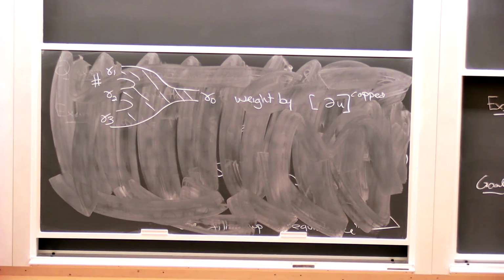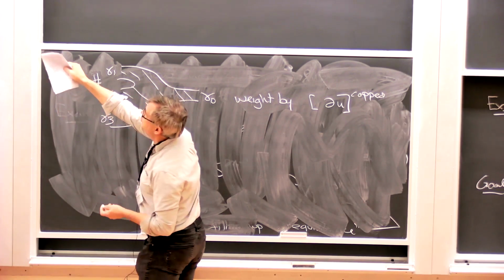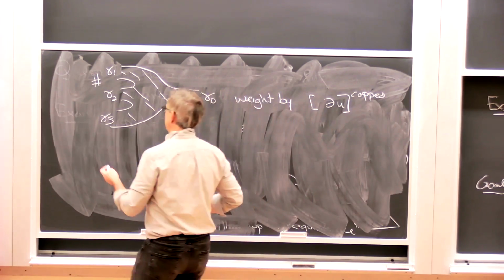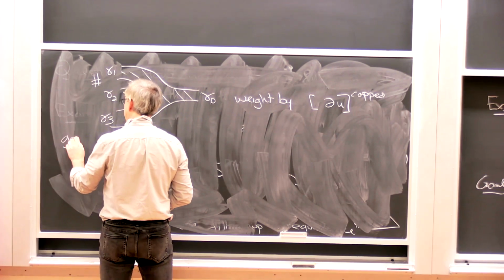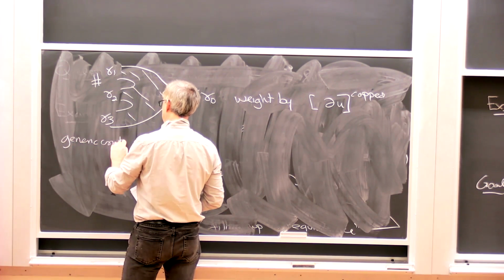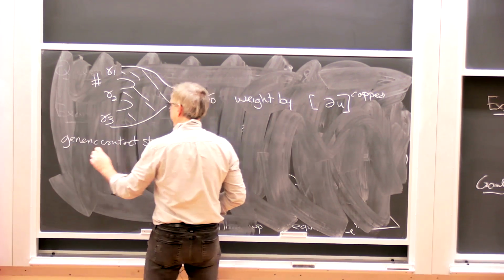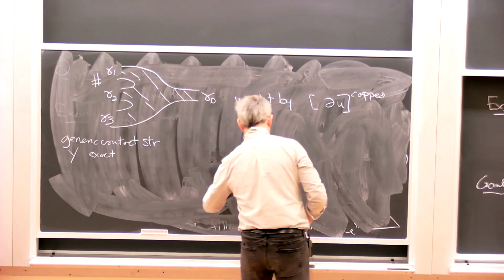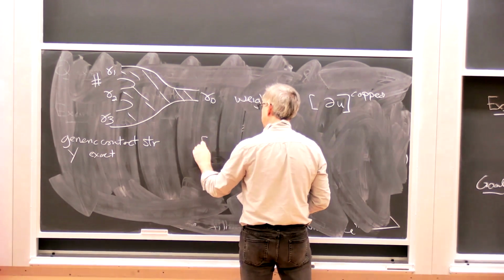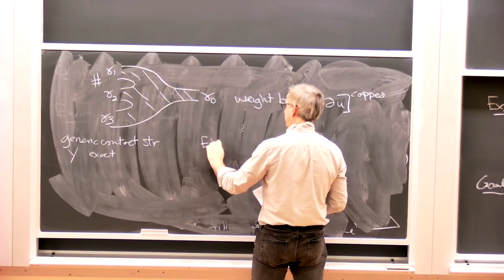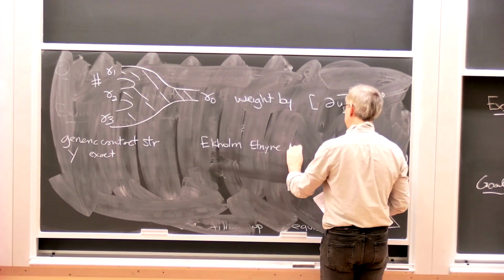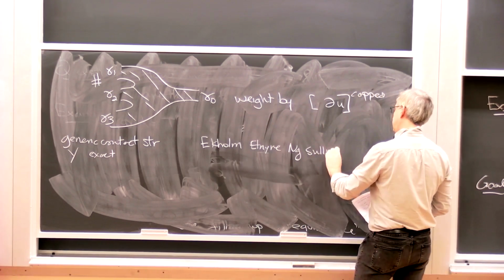Okay, so in the standard version of this, you want to get something which is at least countably generated. So if I take a generic contact structure and I take Y to be exact, then this is the version that was studied by Ekholm, Etnyre, Ng and Sullivan.